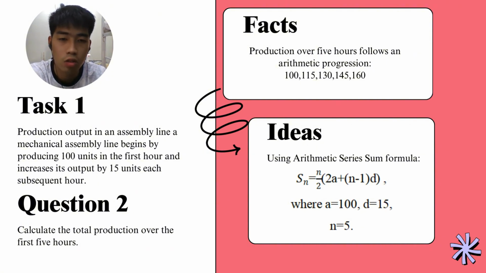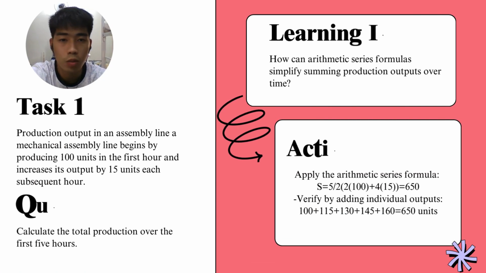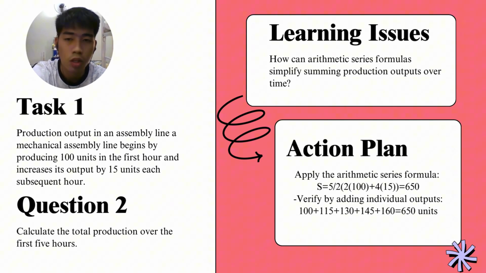The idea is using the arithmetic series sum formula, which is S_n equals n over 2 times 2a plus n minus 1 d, where a is 100, d is 15, and n is 5.